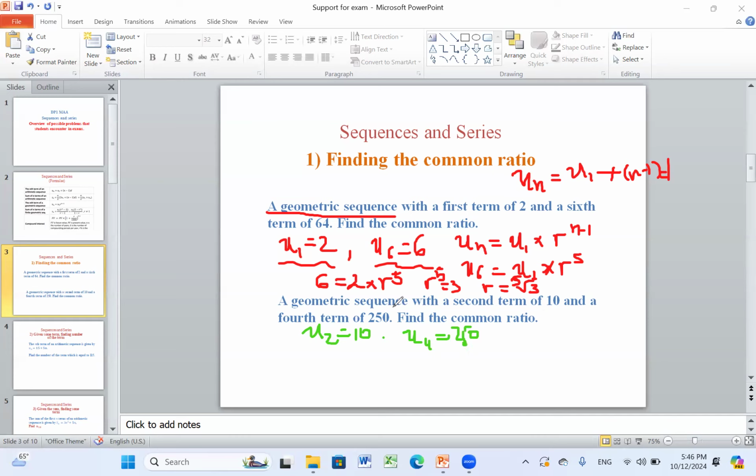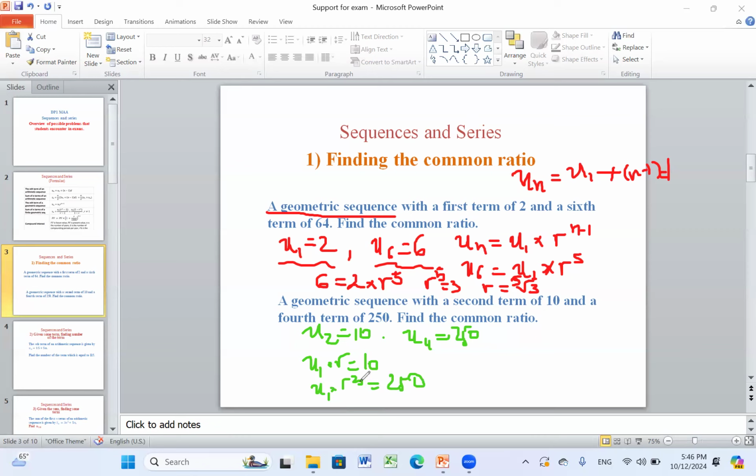Again, it is a geometric sequence. So instead of U2, we can write U1 times ratio, which is 10. For U4, we can write U1 times ratio to power 3, which is equal to 250.